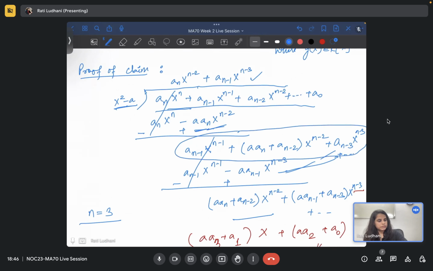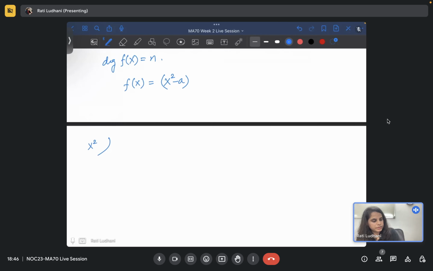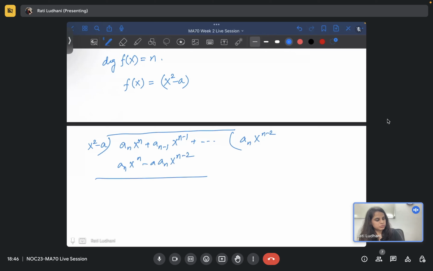Let me write this one step only. When you divide a_n x raised to power n plus a_(n-1) x raised to power (n-1) by x square minus a, you multiply by a_n x raised to power (n-2), and you get this, minus a into a_n x raised to power (n-2), plus a_(n-1) x raised to power (n-1), plus a_(n-2), because you already have this a_(n-2) x raised to power (n-2) term.